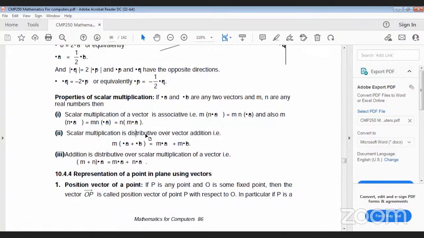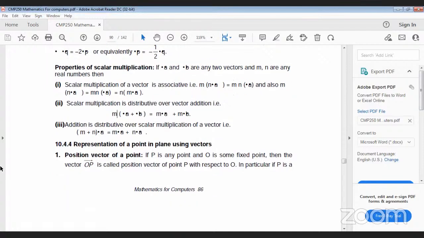Now, scalar multiplication is distributive, meaning m into A plus B equals m of A plus m of B. Now addition means what? That part. But the difference here is this is just a normal addition with one vector. Here I am having two vectors and one scalar multiplication.